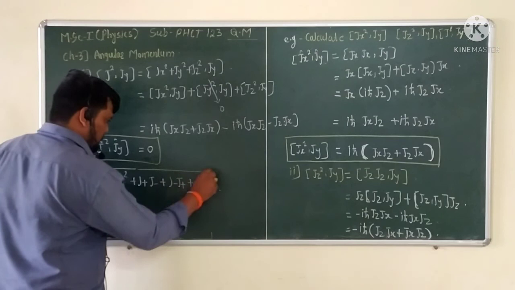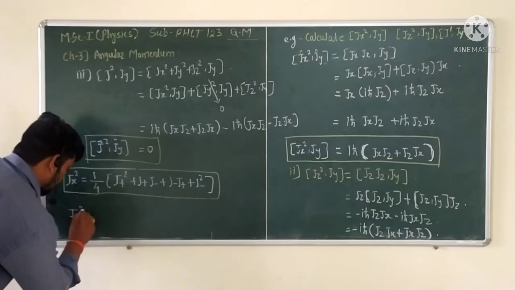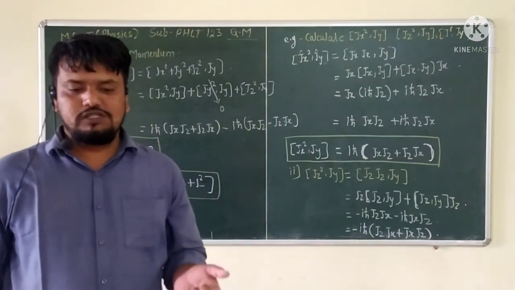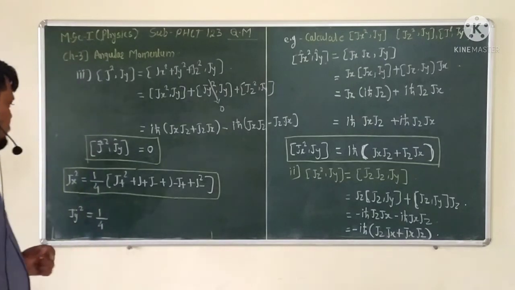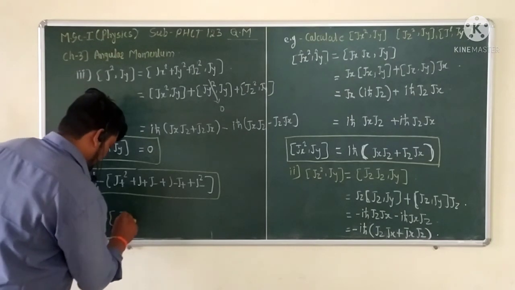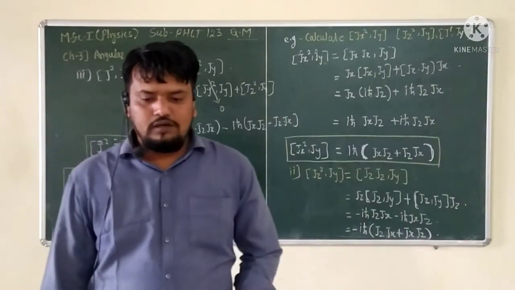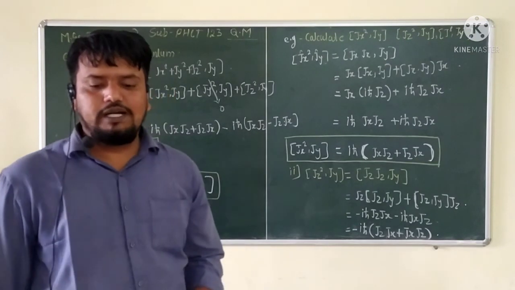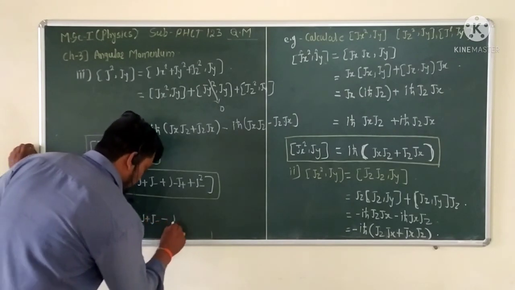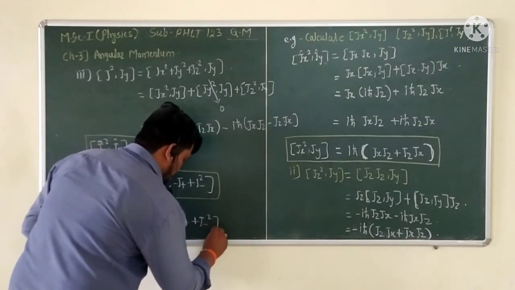Again we want to write the relation of Jy², which is minus 1/4 in bracket (J+² minus J+J- minus J-J+ plus J-²).